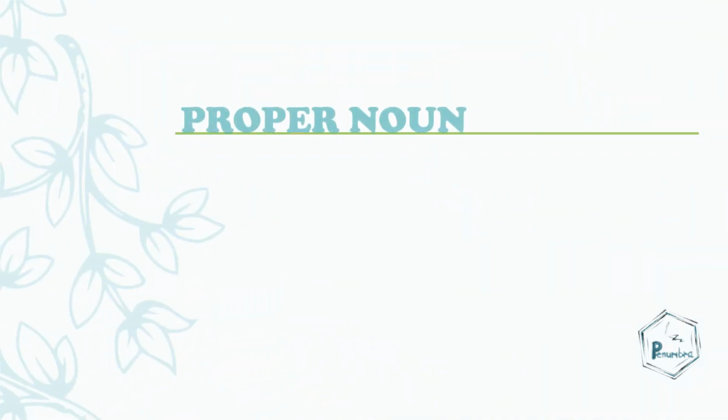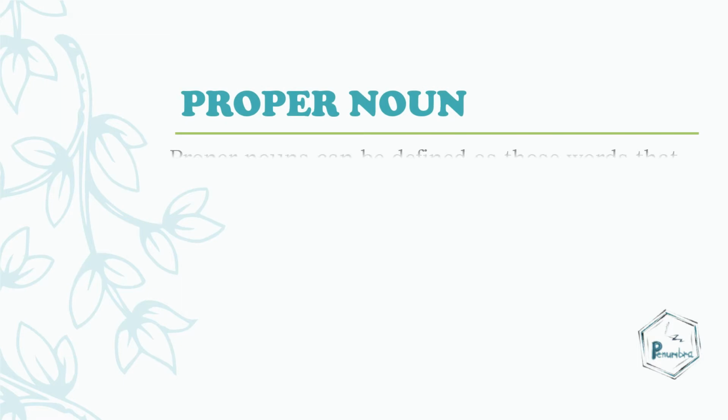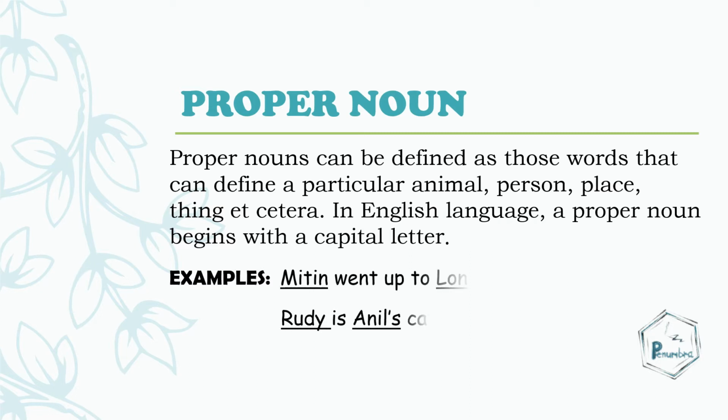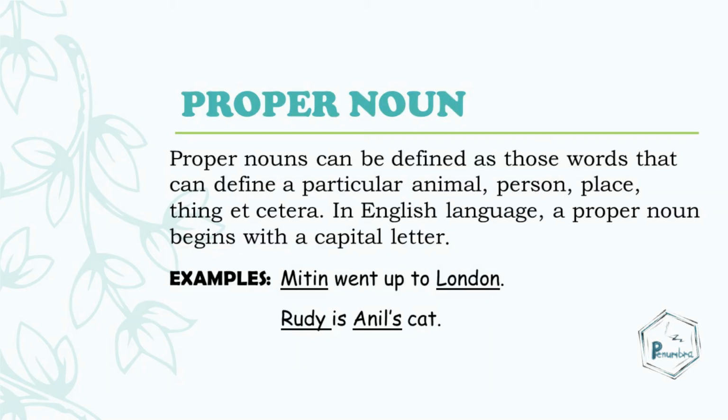Our next definition is that of proper noun. Whenever you call someone, something or some place with a specific name which is special for that particular object or person, it can be described as a proper noun. And one of the most important criteria of proper noun is that in English language, whenever you write a proper noun, it must begin with a capital letter.